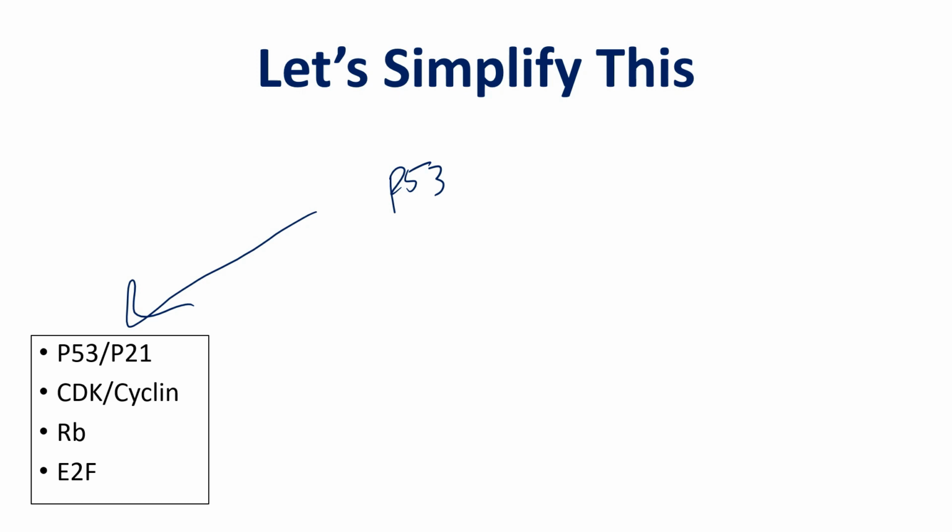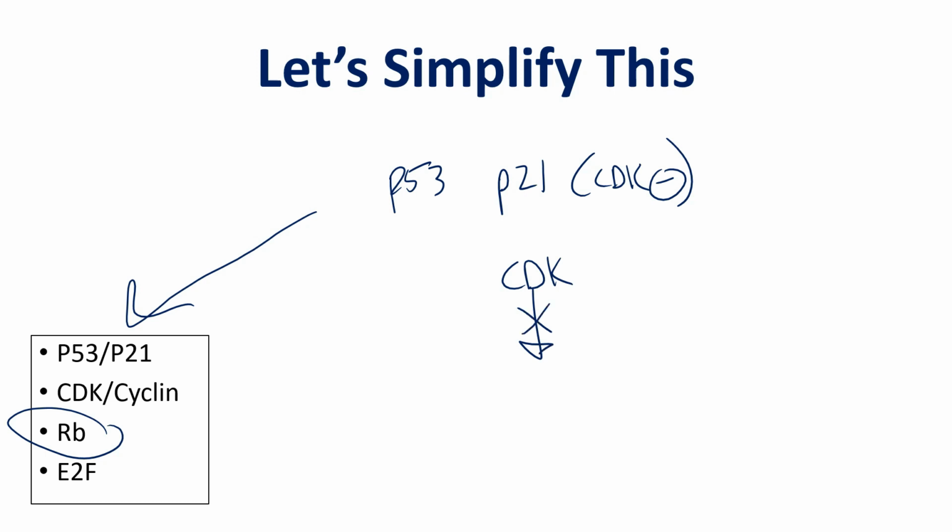Then they'll say, well, what will happen to, let's say, the levels of RB in a damaged cell? Or will it be phosphorylated or dephosphorylated? So think about this. If you have a damaged cell, P53 is activated. It's going to activate P21. P21 is a cyclin-dependent kinase inhibitor. Now cyclin-dependent kinase cannot go and phosphorylate RB. Because remember that cyclin-dependent kinase is normally a kinase.